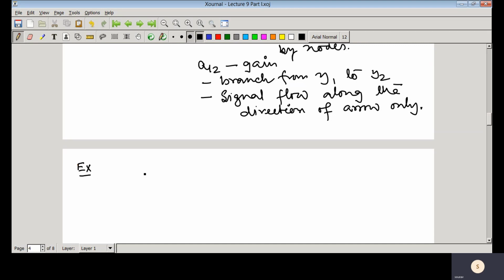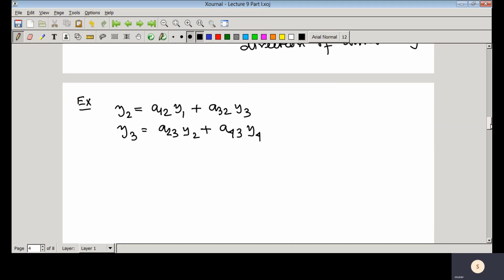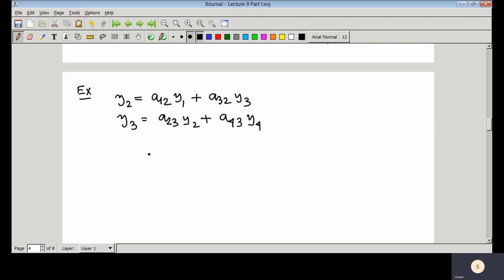Suppose one system is described by the equations Y2 equal to A12 Y1 plus A32 Y3, and then Y3 equal to A23 Y2 plus A43 Y4. So here you can see that the system is described by a set of algebraic equations.